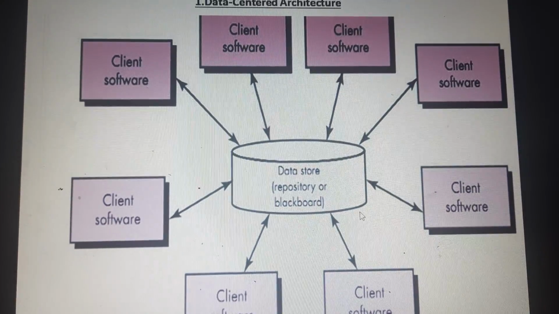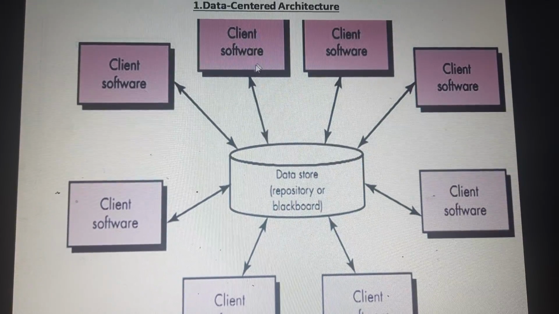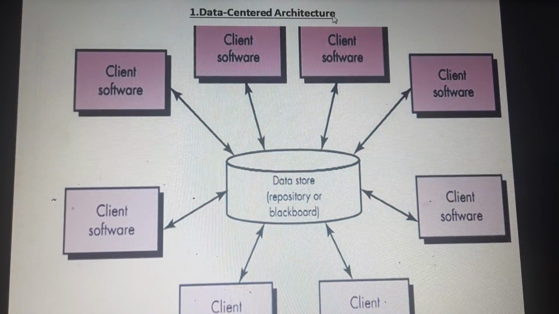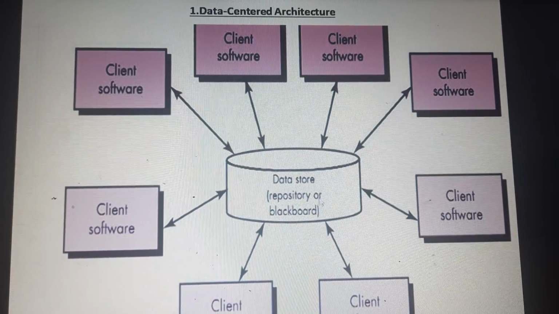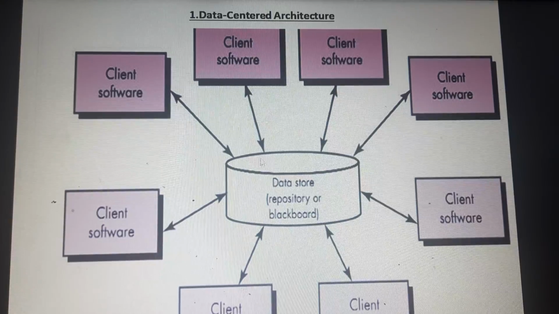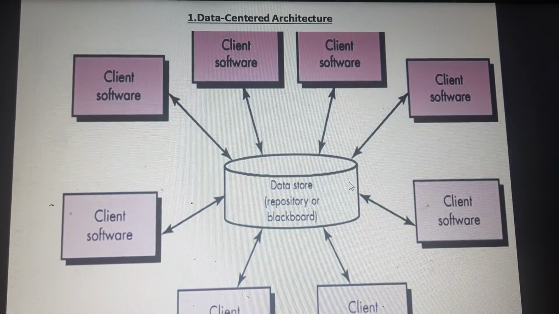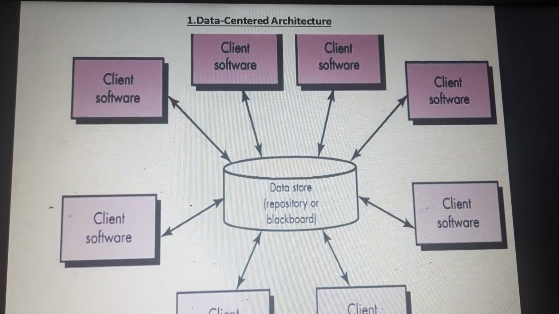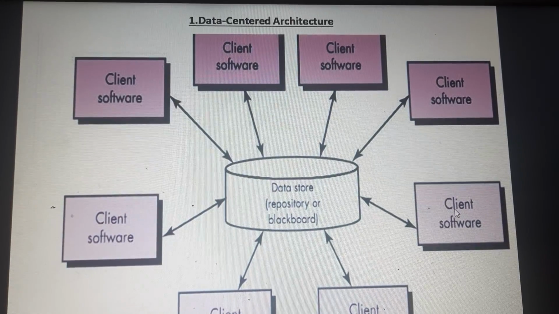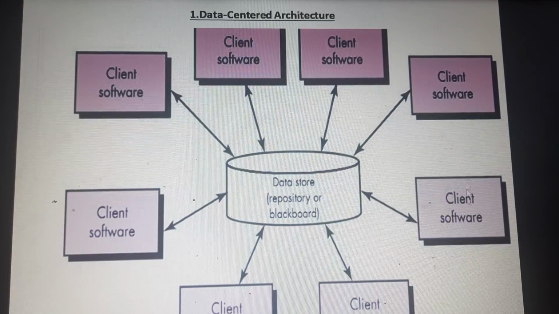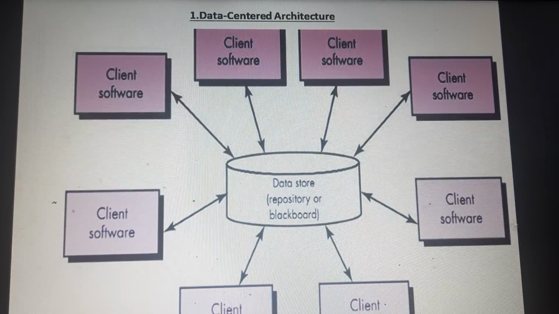So this is the first one, called the data centered architecture. The name itself indicates that the data is mainly in the center, or in a simple way to understand, you call it the client and the server. The center one is the server and these are all the clients.